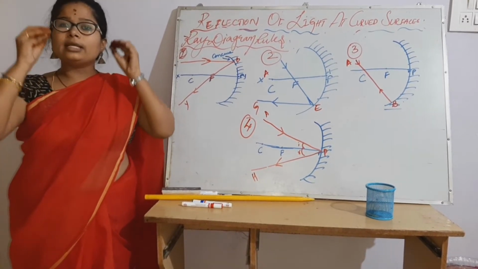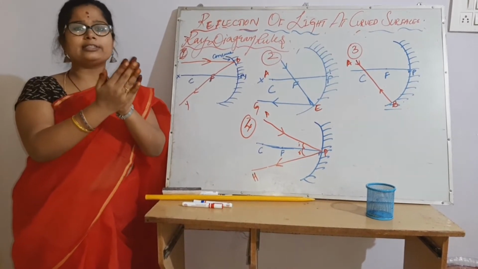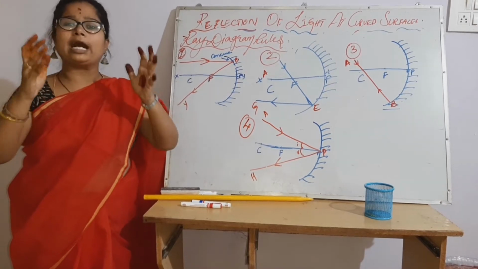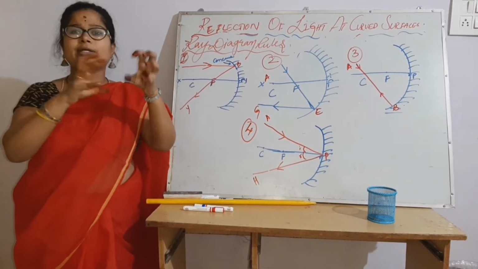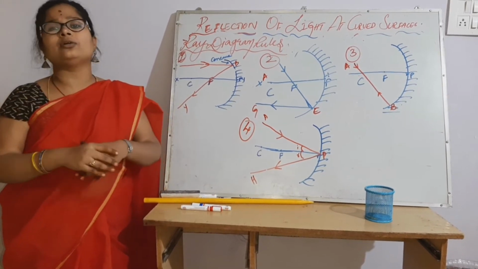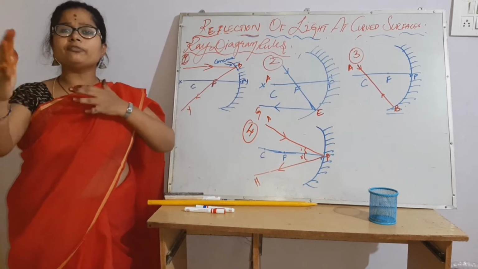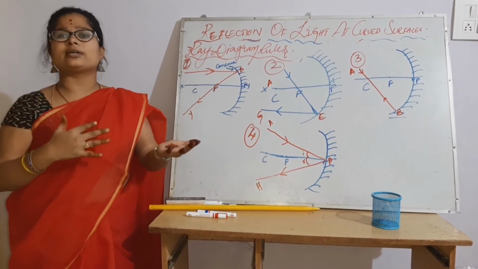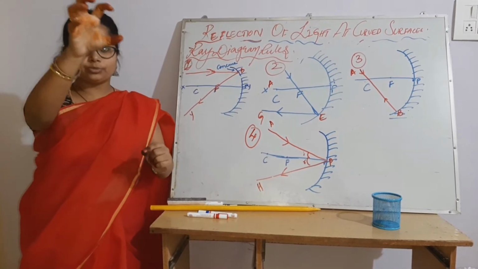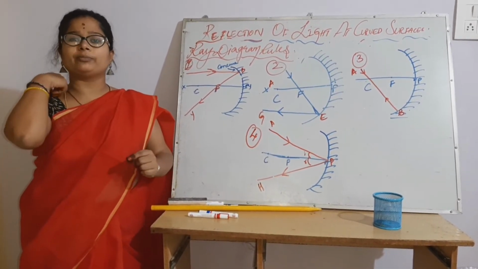We can't draw all the rays; it becomes very clumsy and does not look good, and you will also not be sure about it. So instead of drawing all the rays, we take only one or two rays coming from the source.